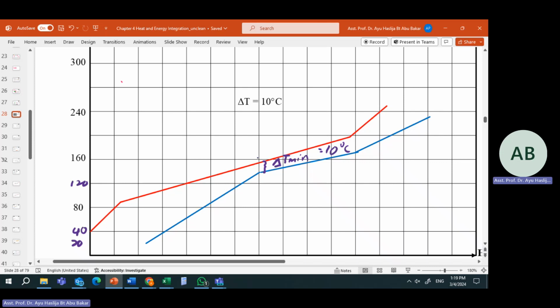Now the pinch point is the point at the lowest temperature difference. So here is the pinch for hot stream. Here is the pinch for cold stream, the temperature.